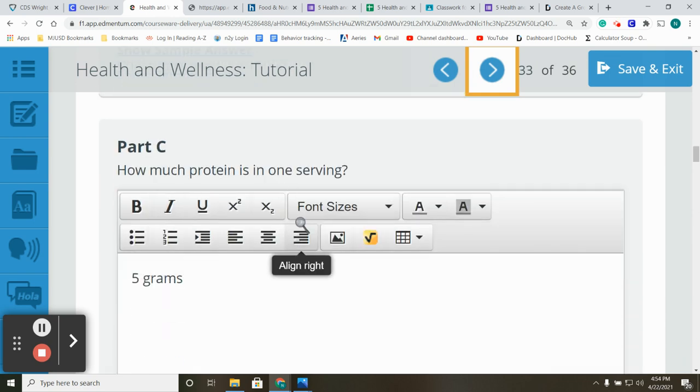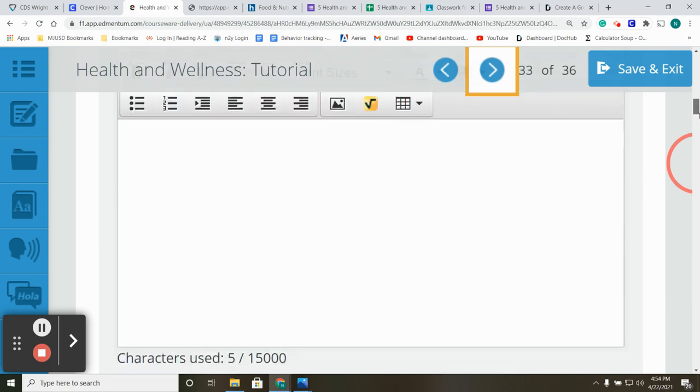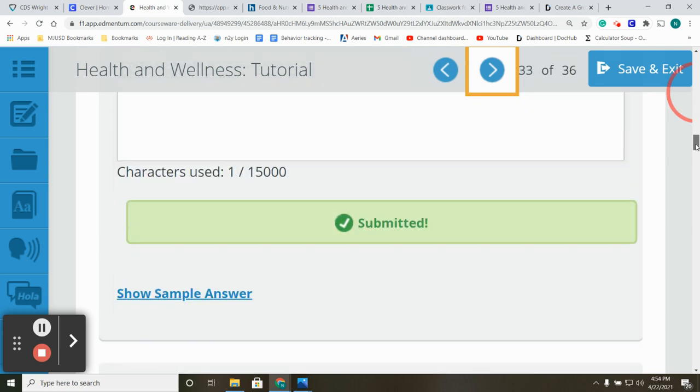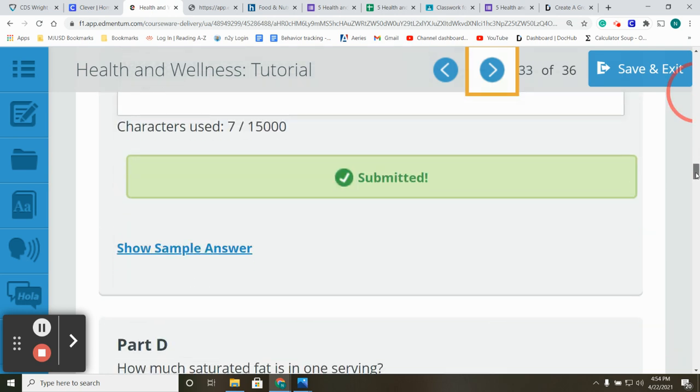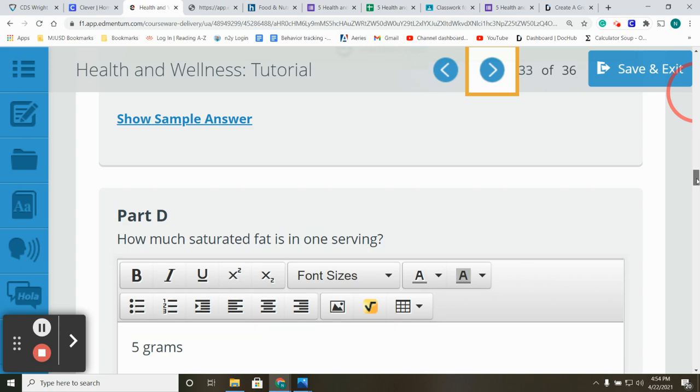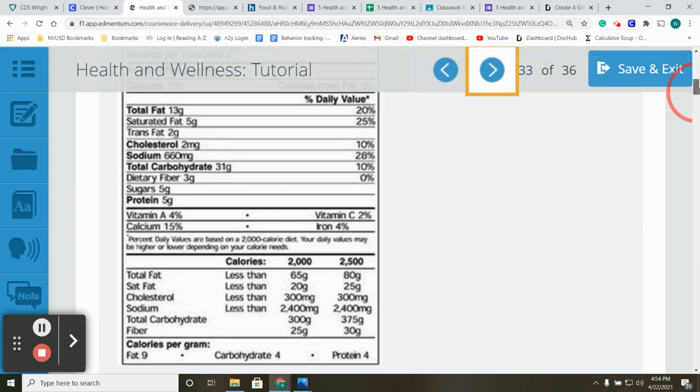How much protein is in 1 serving? So we look at protein, 5 grams. How much saturated fat is in 1 serving? So we're looking for saturated fat.